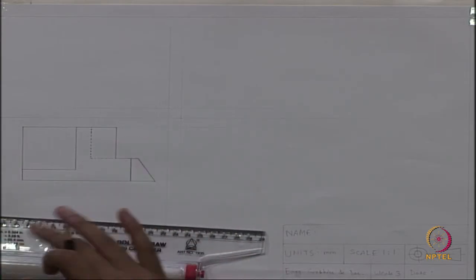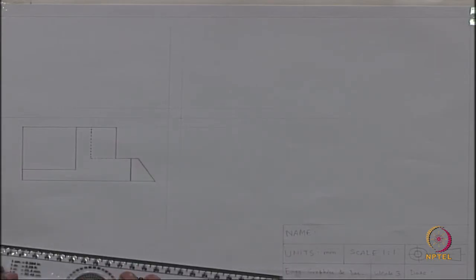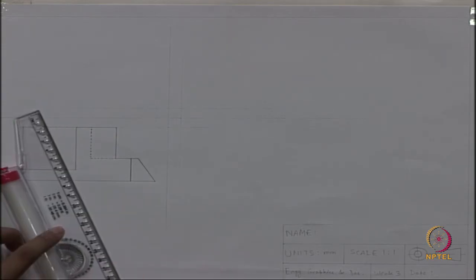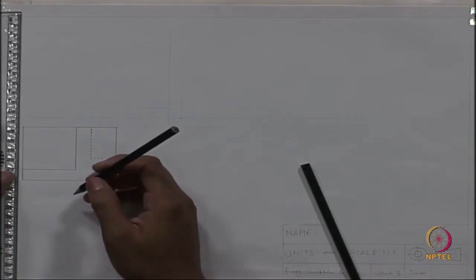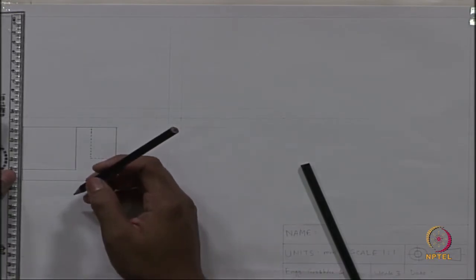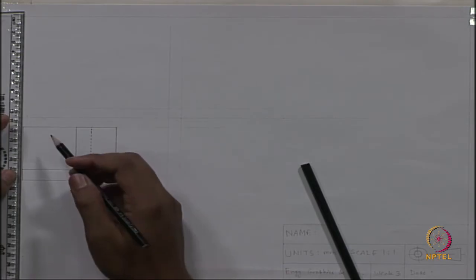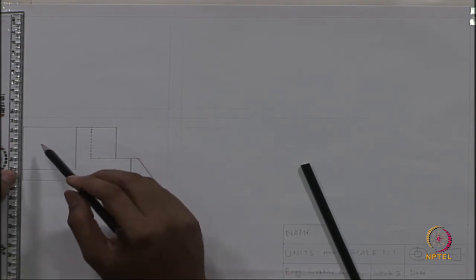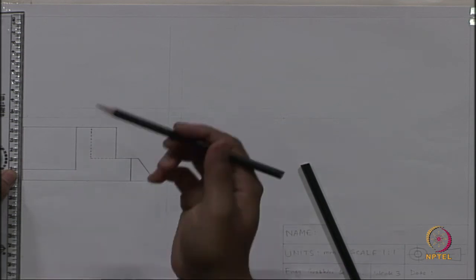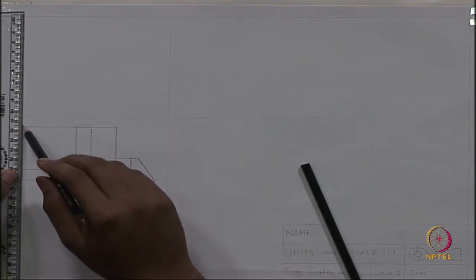So, our front view is done, and as we know the top view will be exactly on top of the front view. So, using the H pencil or light line construction pencil, we can simply extend the outline of the front view, so that automatically the length of the front view will be captured in the top view as well.